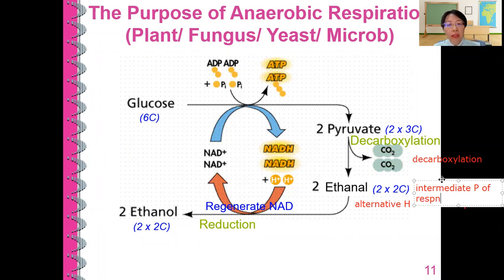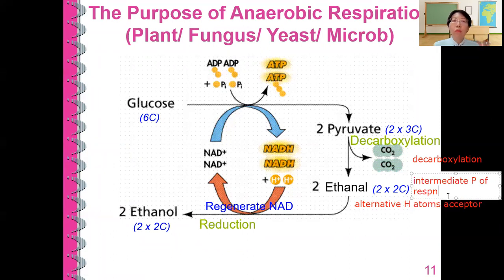Okay, so therefore you can see that in anaerobic respiration, it is the intermediate product of respiration that will act as an alternative hydrogen acceptor in order to regenerate NAD+, so that now at least the last step of glycolysis can happen, so that at least ATP can be synthesized by substrate level phosphorylation in glycolysis.